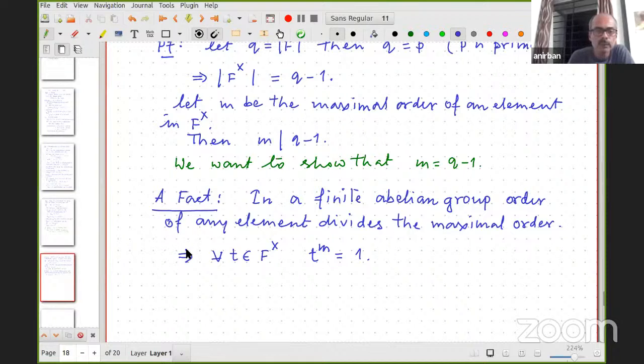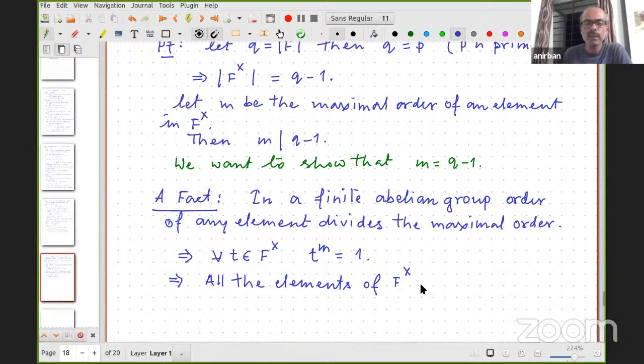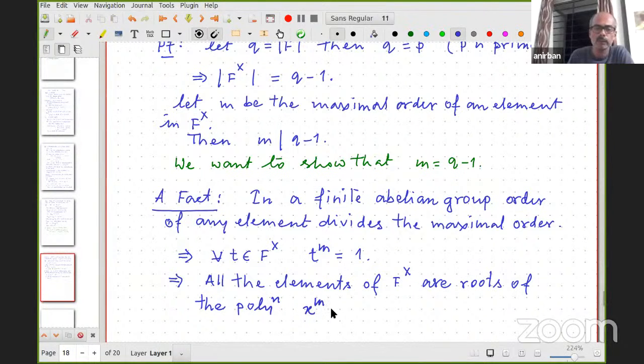Therefore, all the elements of F cross are roots of the polynomial x to the M minus 1.